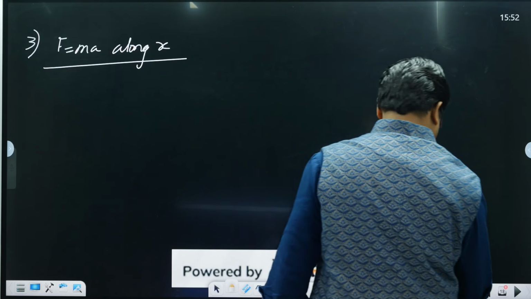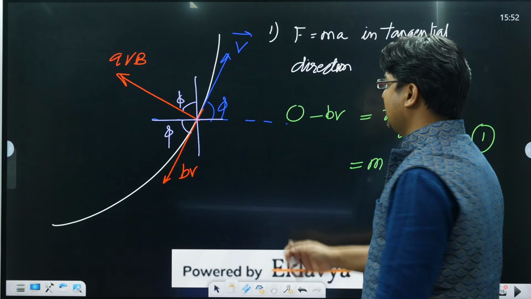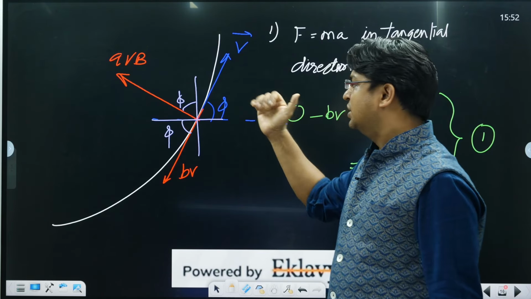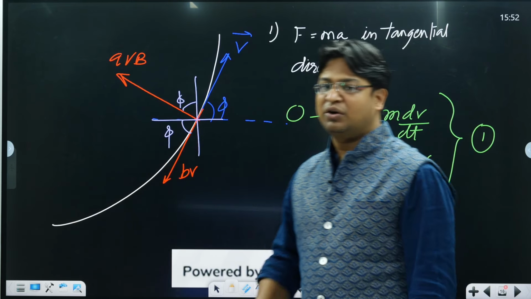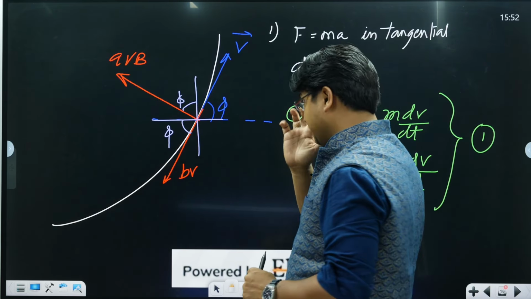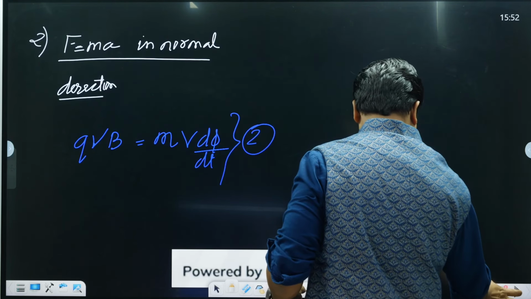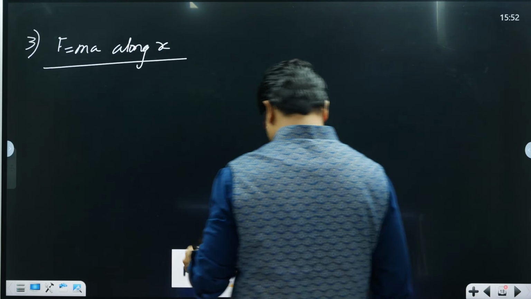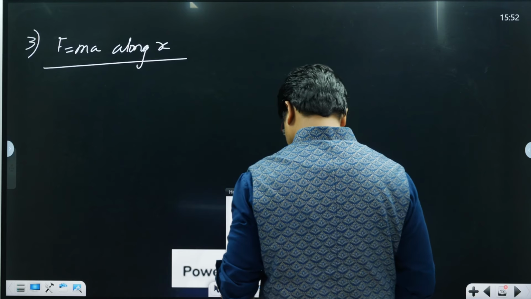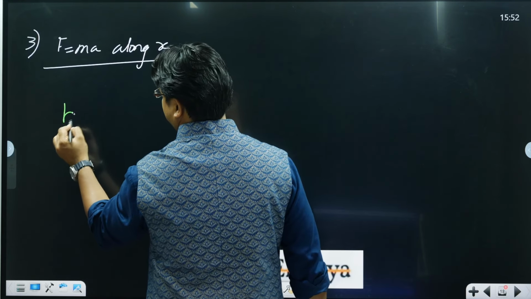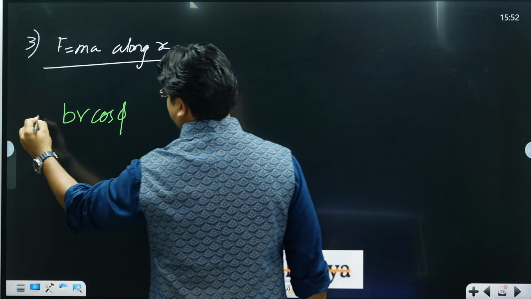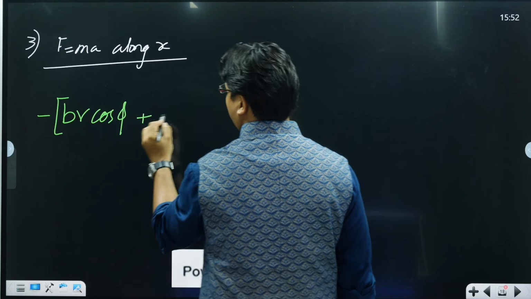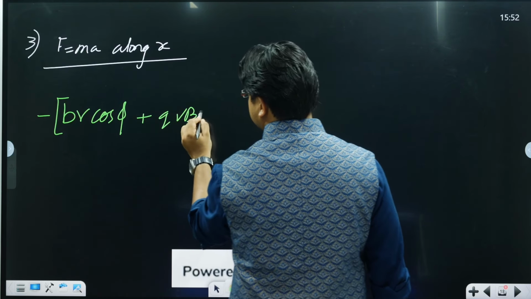Let me go back to the figure. In this direction, I don't see any force. The x component of QVB and the x component of BV, they're both along negative x direction. So BV cos phi, actually not theta. The equation that we will be getting will be BV cos phi with a minus sign, and QVB sin phi.